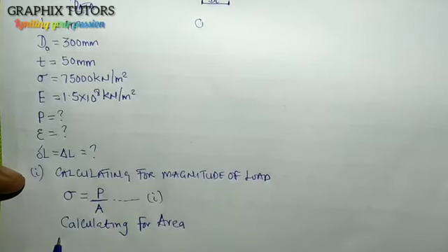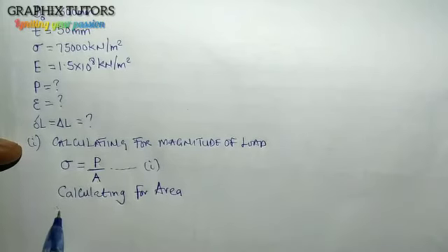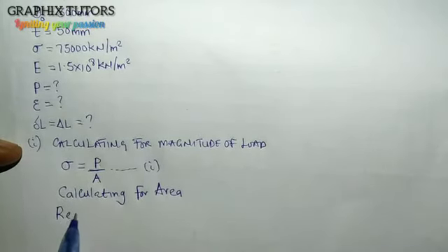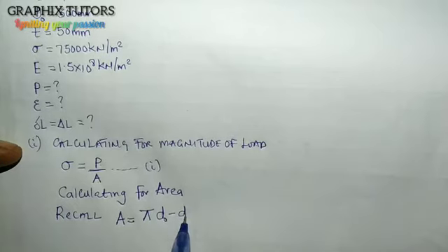Now recall. Let's move upward. Area is equal to pi, times the outer diameter squared minus the internal diameter squared, everything over 4.